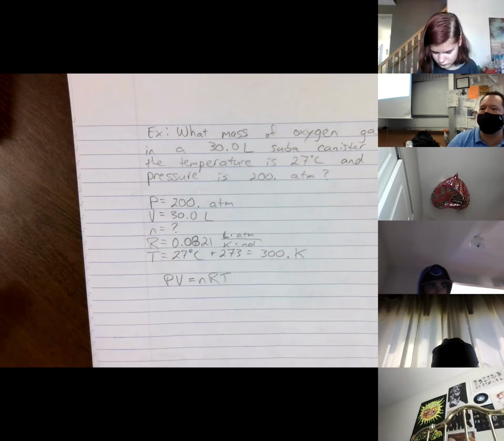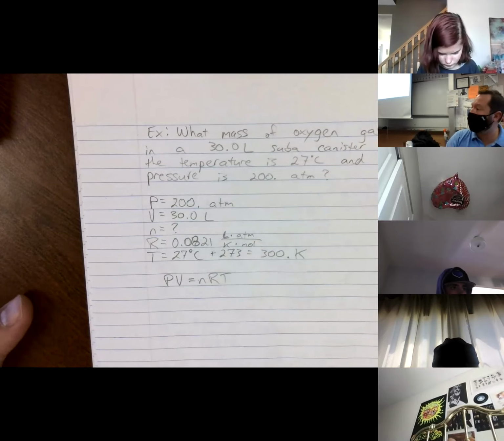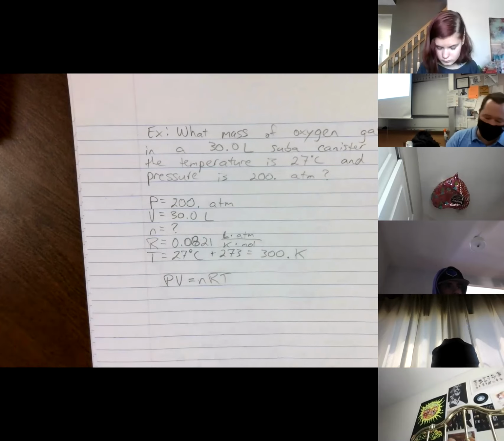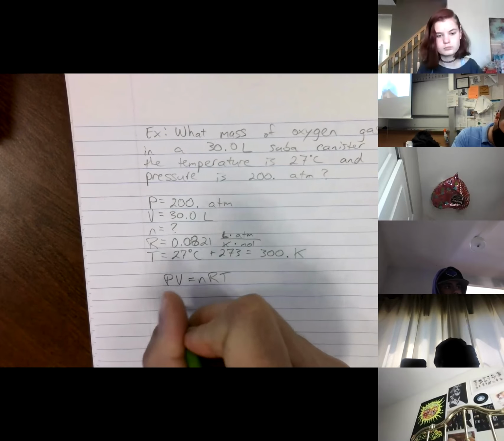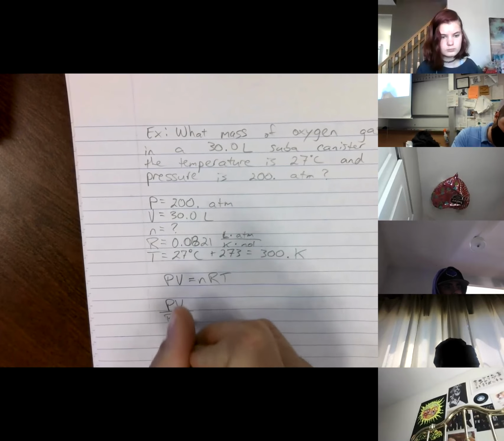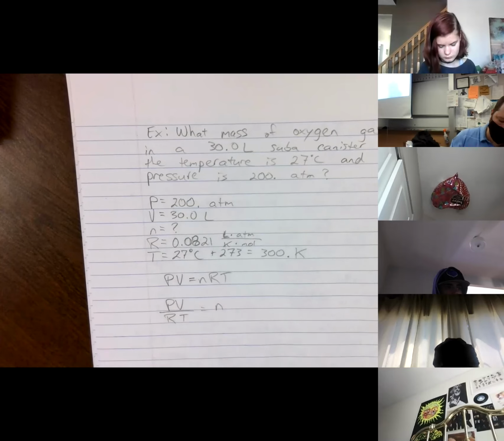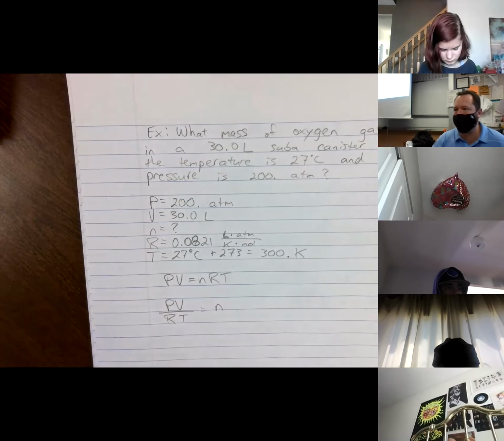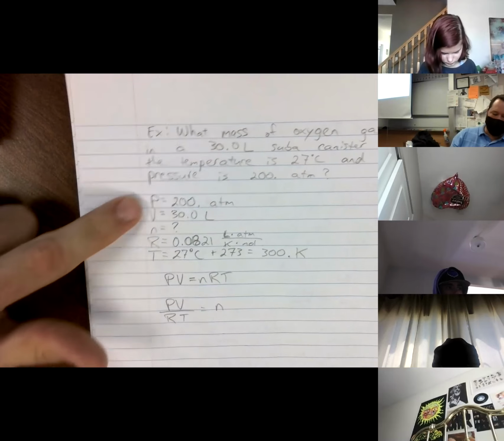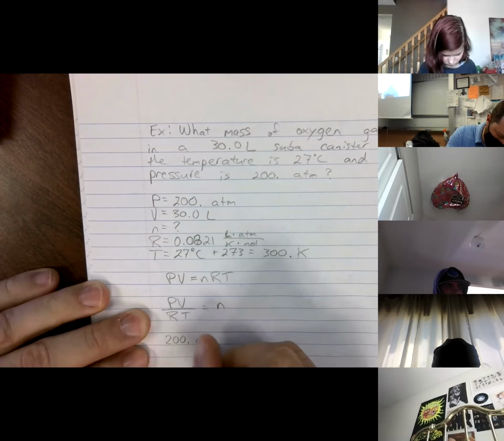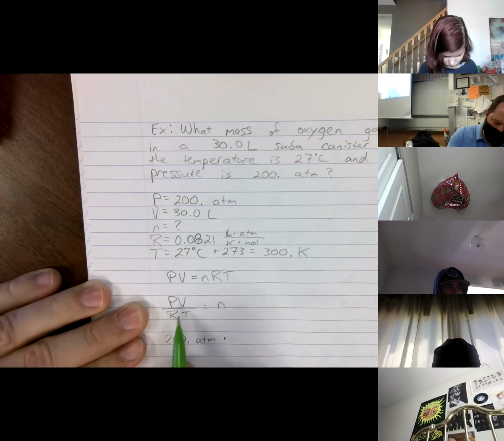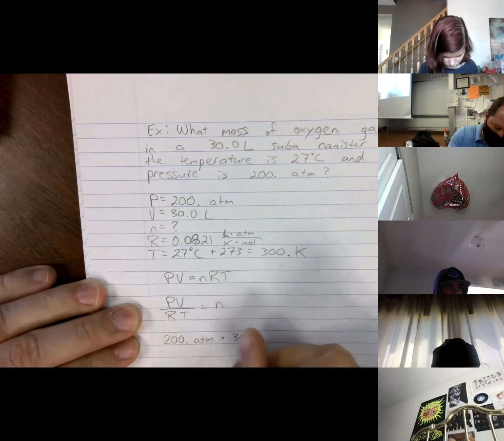And let's isolate for the variable we're looking for, n. We just did it, so it shouldn't be too hard. We need to divide out R times T. There we go. Now we're ready to plug in our variables. P, 200 atm. V, 30.0 liters.